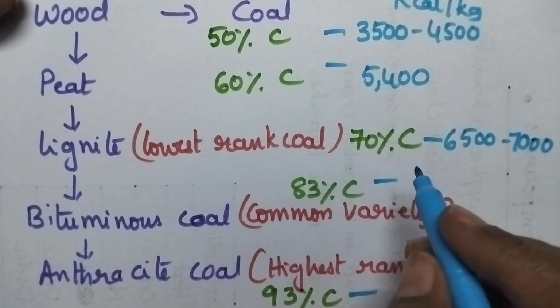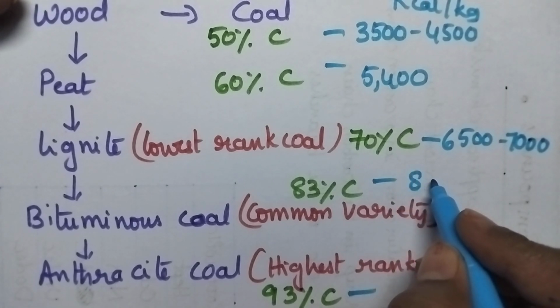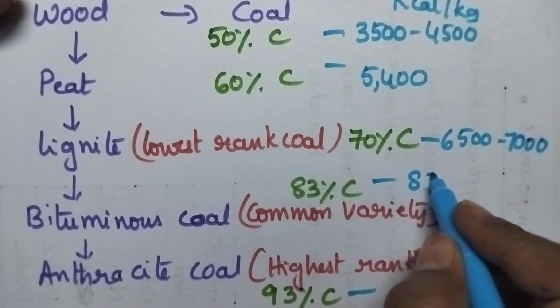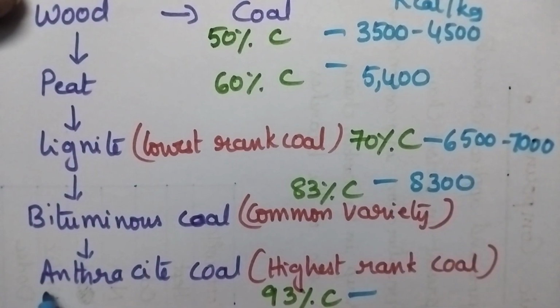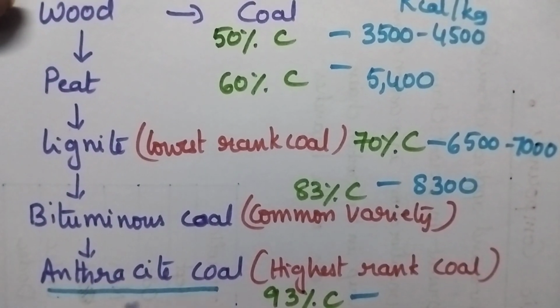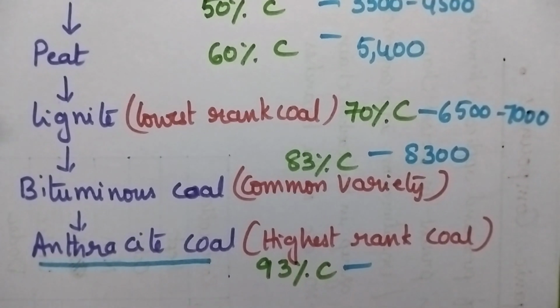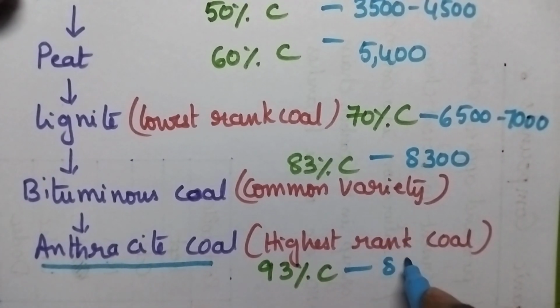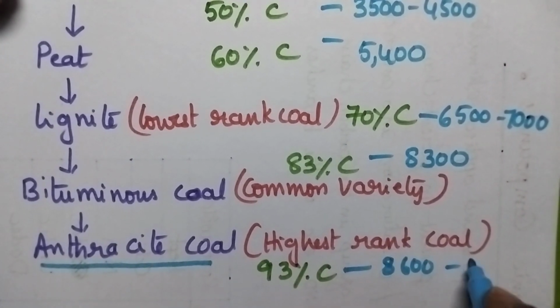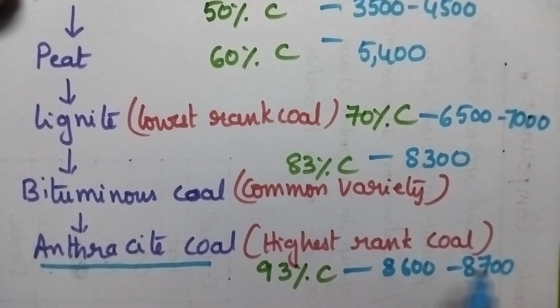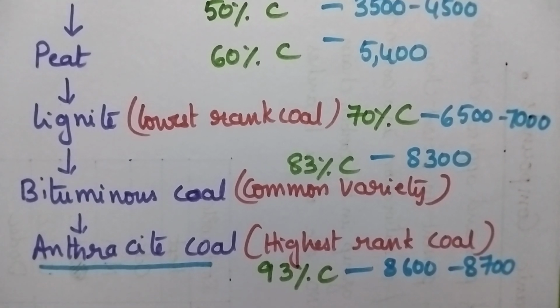And bituminous coal is having the calorific value of the order 8300. Anthracite being the highest rank coal variety, it exhibits calorific value around 8600 to 8700. So these are the various stages involved during the conversion of wood to coal.